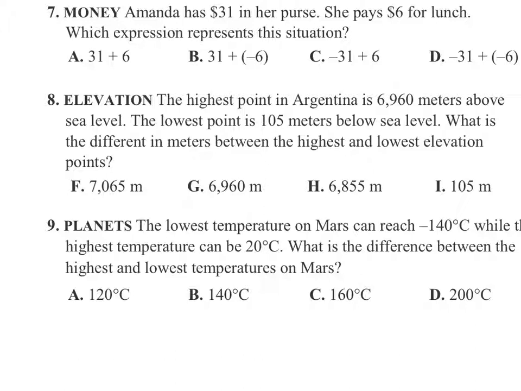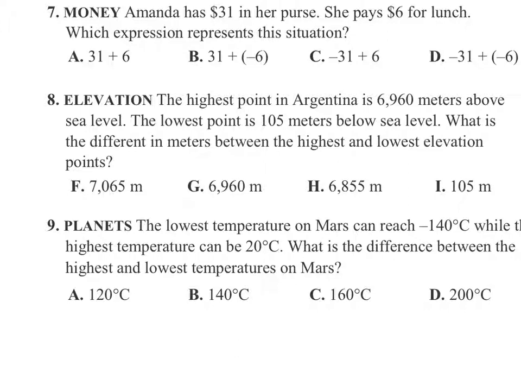So basically, since she pays $6, it'd be -6, and she has $31, so it'd just be positive 31. So I'm gonna cross out and do that kind of stuff.